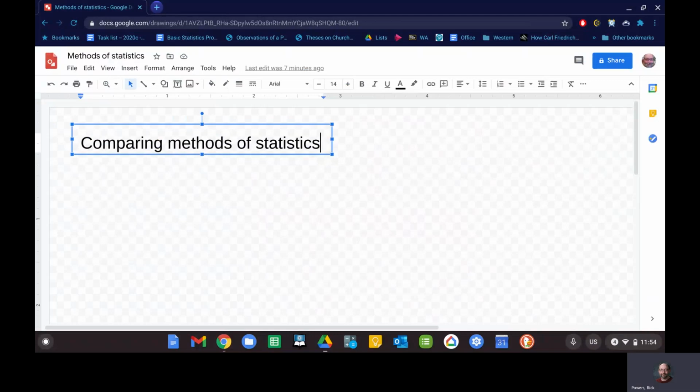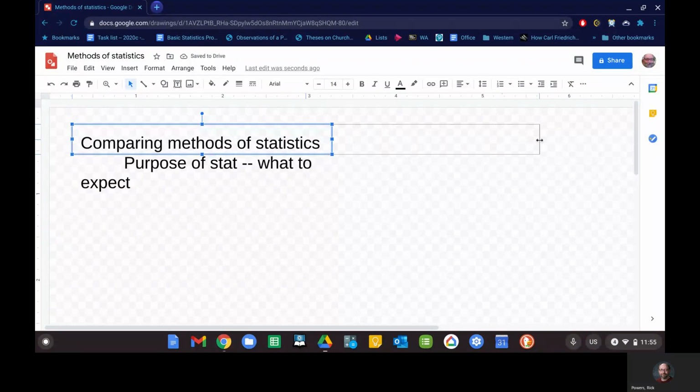So the first thing we need to do is to consider the purpose of statistics. And the purpose of statistics is to know what to expect. So what we're dealing with here is the question, how am I going to figure out what's possible to happen or what's likely to happen based on my measurements in some particular way?